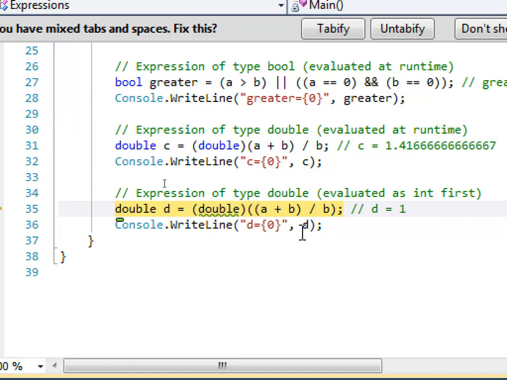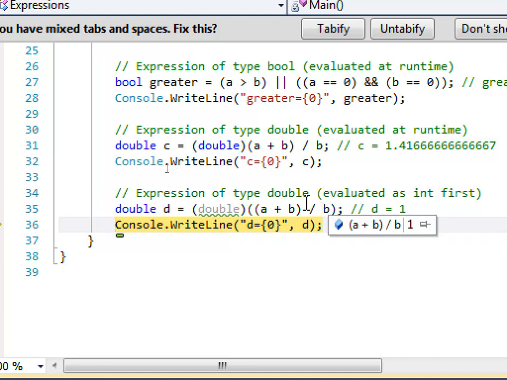And the difference here, even though we are dividing, sorry, those are different numbers. Okay.